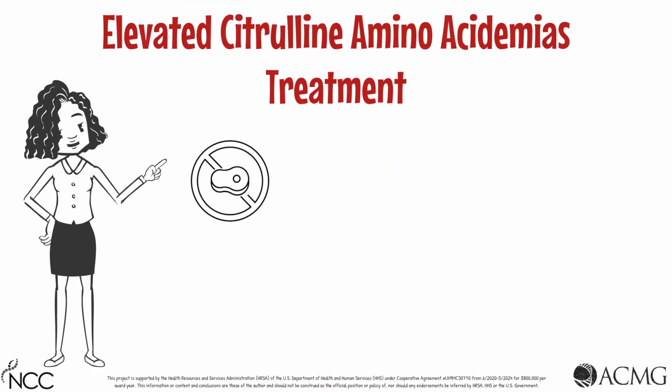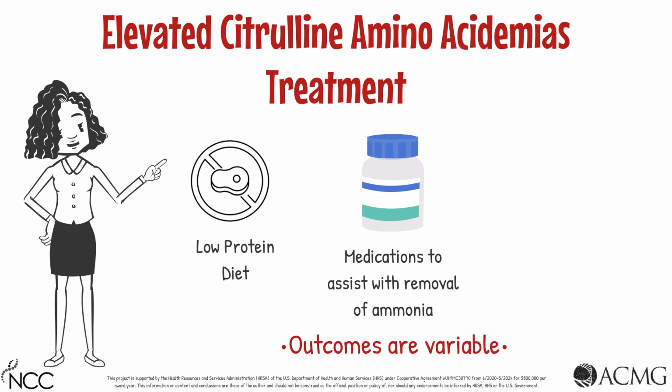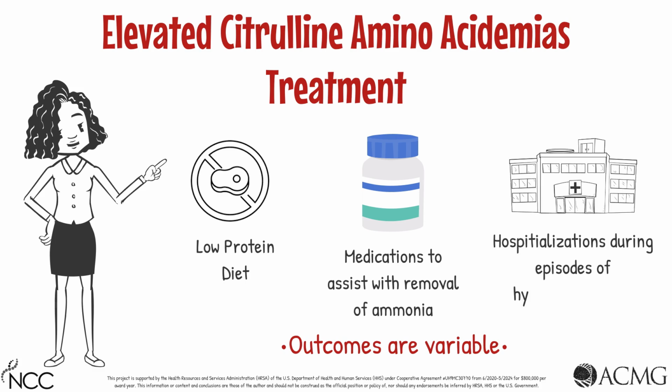Treatment is available for each of the amino acidemias detected through elevated citrulline. In general, treatment often includes a low-protein diet and medications that assist with the removal of ammonia. Even with treatment, outcomes can be variable, and hospitalization may be necessary during episodes of hyperammonemia.